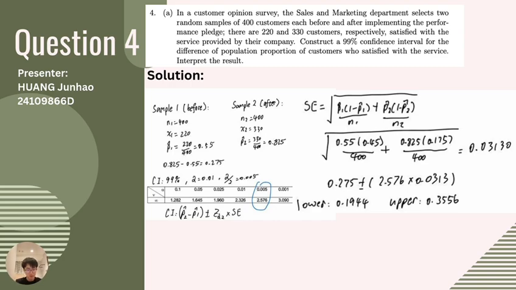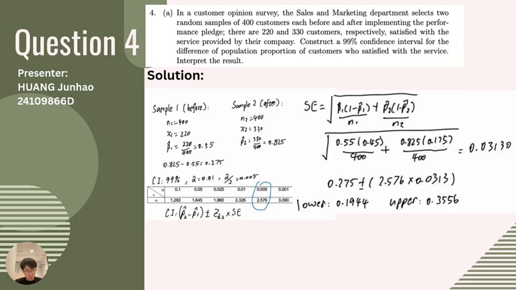Step 1 will be to calculate the sample proportions, p hat. For sample 1, n1 equals 400, x1 equals 220, and the proportion will be 220 over 400, which equals 0.55.